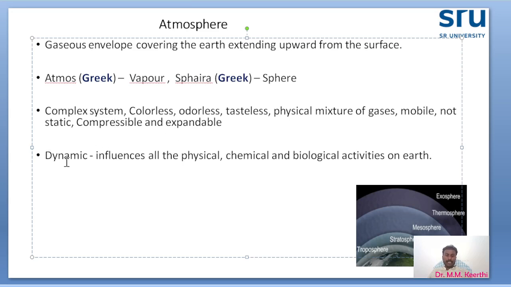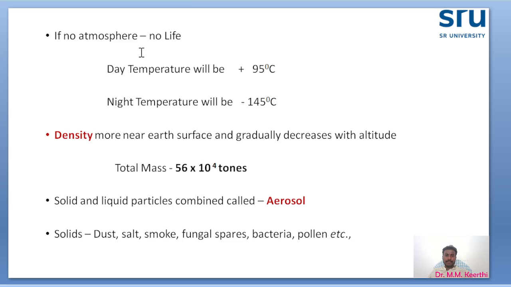It is dynamic. How? It is influencing the physical, chemical, and biological activities of the earth. Whatever biological, chemical, and physical activities occur, everything is based on the presence of the gases.